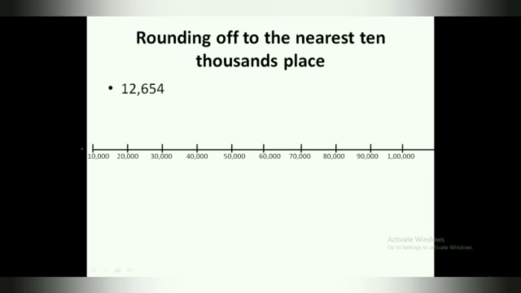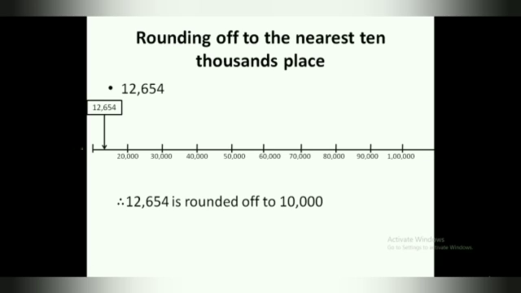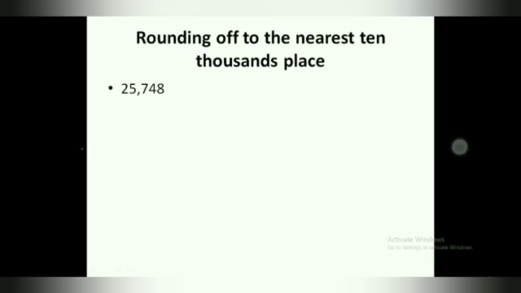So 12,654 comes between 10,000 and 20,000. Now this number is nearer to 10,000. So when you round, it will be 10,000. So 12,654 rounded to the nearest 10,000 is 10,000.